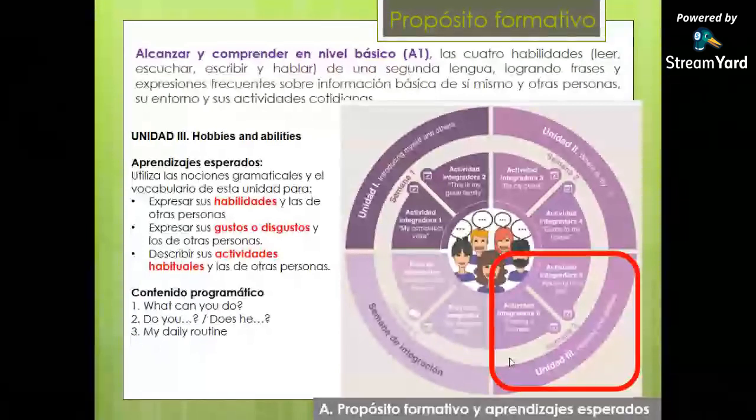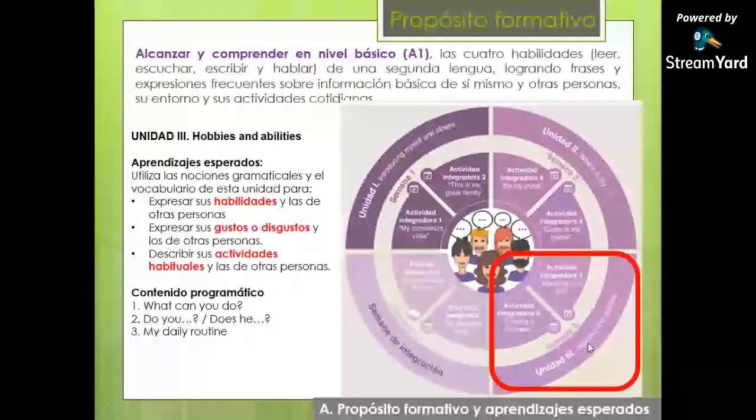During this unit, we are going to talk about abilities, likes, dislikes, and also our daily routine. So we have these topics: What can you do? Do you? Does he? And my daily routine.